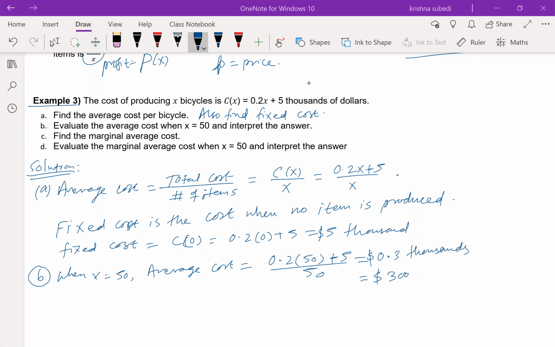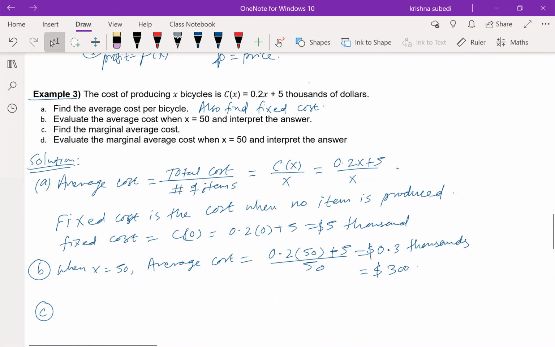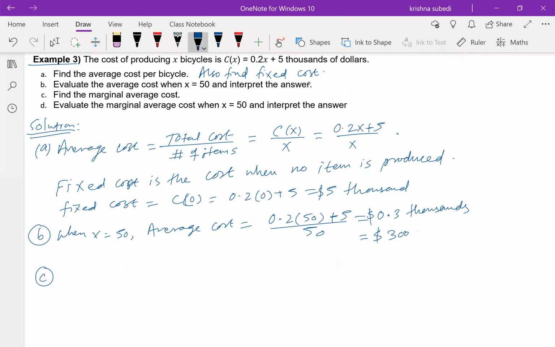Okay, now part C. Find the marginal average cost. So let me copy the average cost first.